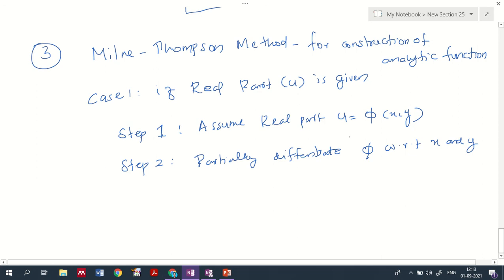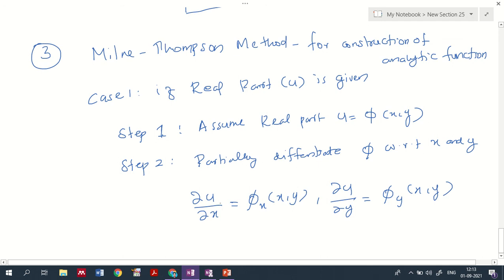So that is, dou u by dou x is equal to phi_x(x, y), and dou u by dou y is equal to phi_y(x, y). This just represents that differentiating u with respect to x I denote as phi_x, and differentiating u with respect to y I denote as phi_y. Is that clear? Now we need to find out what phi(x, y) is.